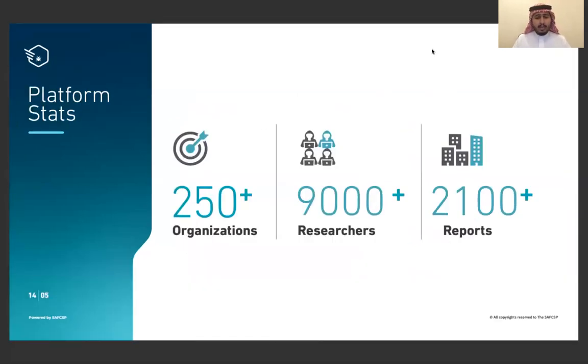We have more than 250 organizations registered, more than 9,000 researchers registered in bugbounty.sa, and in one year more than 2,000 valid reports with bounties, and researchers are benefiting from these bounties.